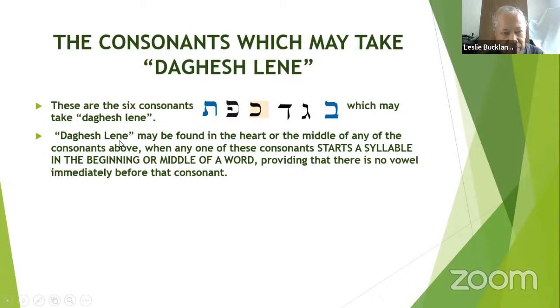We also have seen that dagesh lene can be placed in any of these consonants if they start a syllable in the beginning of a word or start a syllable in the middle of a word. And also, dagesh lene may be found in these consonants if there is no vowel immediately before that consonant. Not just that there is no vowel before that consonant, but that there is no vowel immediately before it.